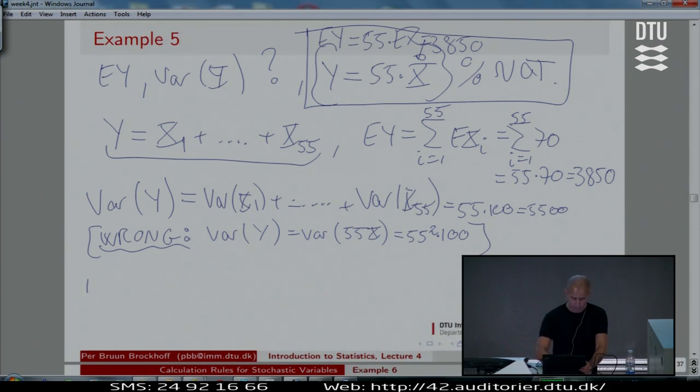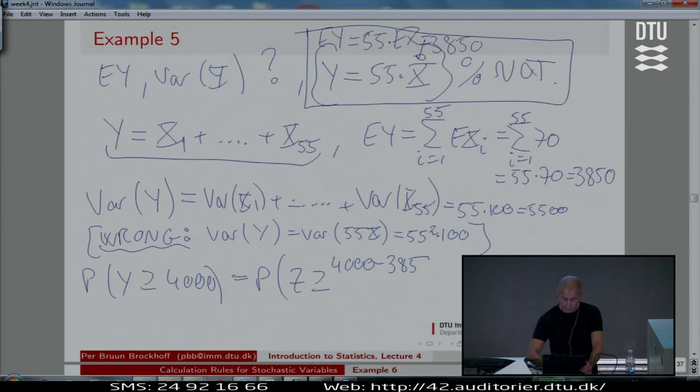Let's finalize the answer of the probability of being overloaded. We could either do it explicitly in R, of course, or we could do this set transformation, telling me I should take 4,000 minus the mean divided by the standard deviation of y, which is the square root of 5,500.